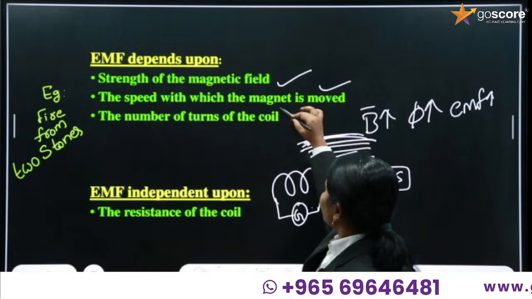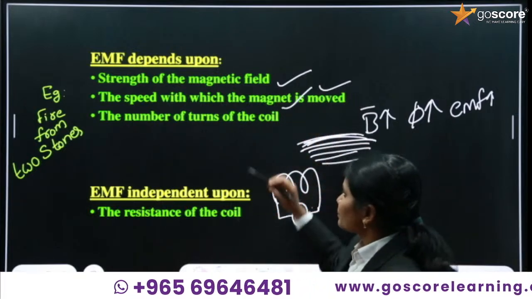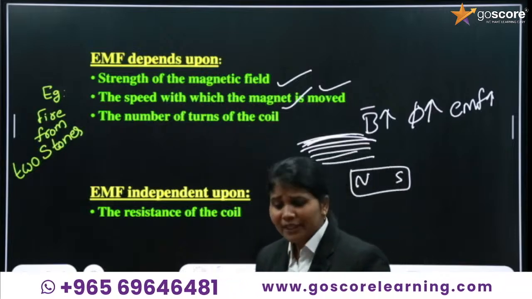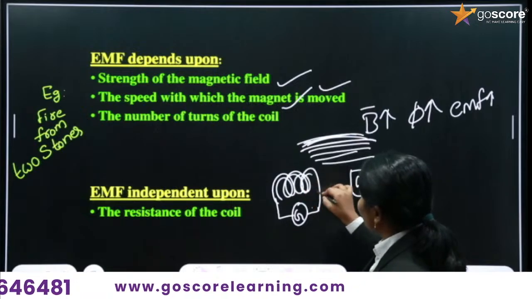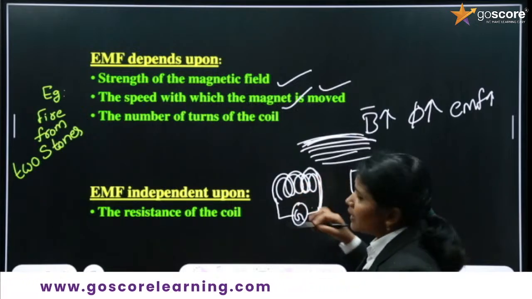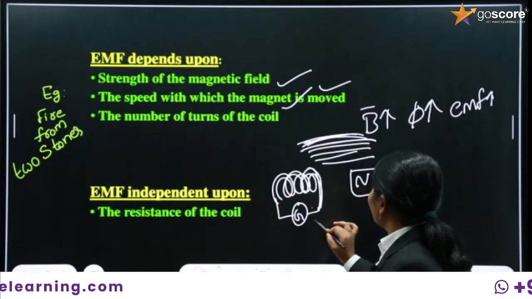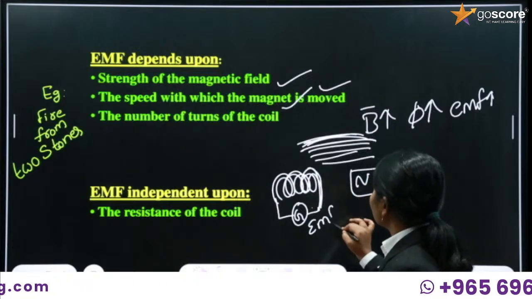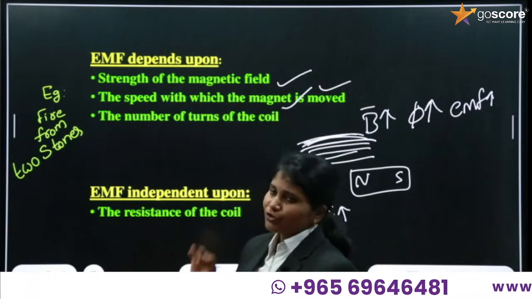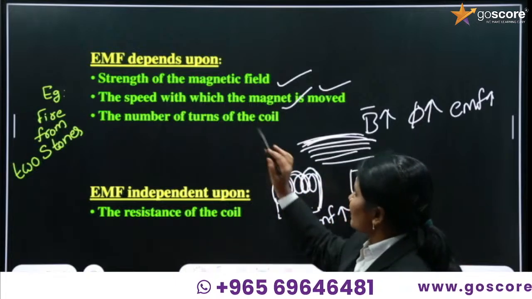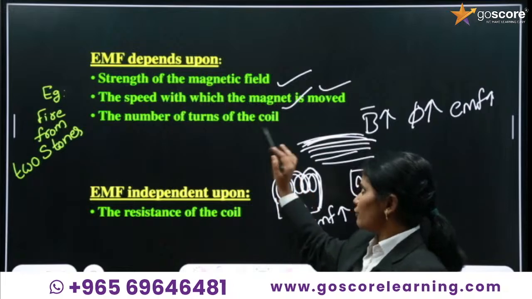So EMF depends upon the speed of the magnet's motion. Next one, the number of turns. Already I discussed, as the number of turns is increased, the cutting of the coil and the change in flux also increase, then EMF also increases. So EMF depends upon the strength of the magnetic field, the speed with which the magnet is moved, and the number of turns of the coil.